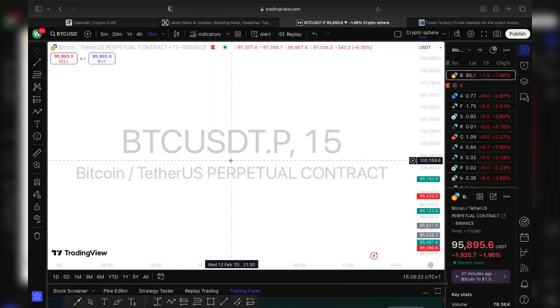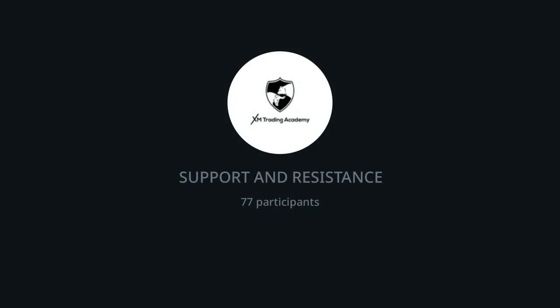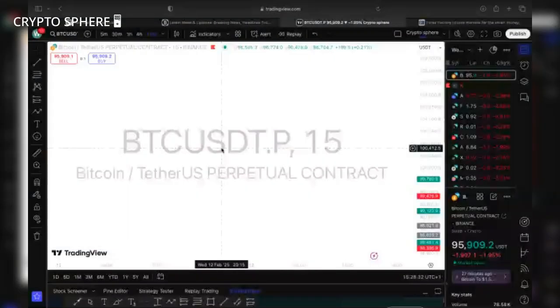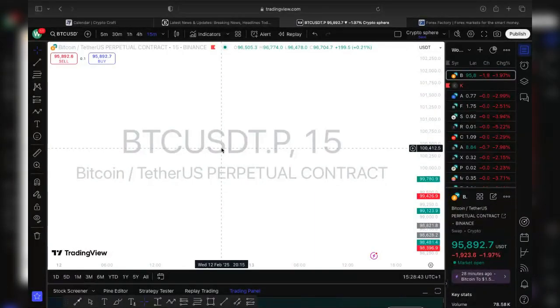So the limitation is that it doesn't give us enough information to work with. It doesn't give us the clear direction to follow. That is the limitation of support and resistance. It doesn't give us enough information we need to trade with because it doesn't give us clear direction. And as smart money concept traders, which is the strategy we are teaching you to use, it is based on market structure. Based on what? Market structure.